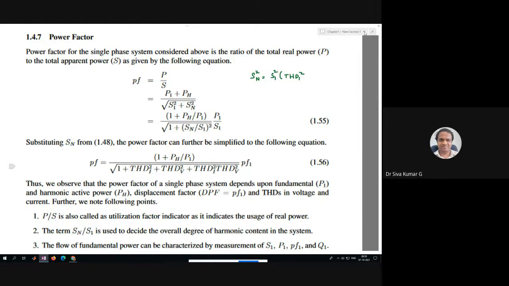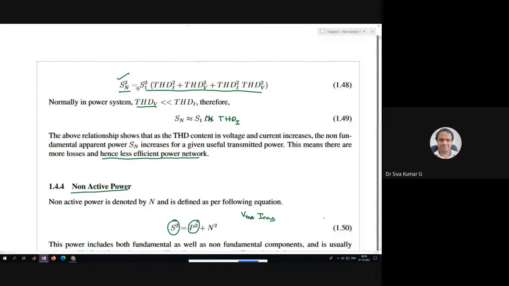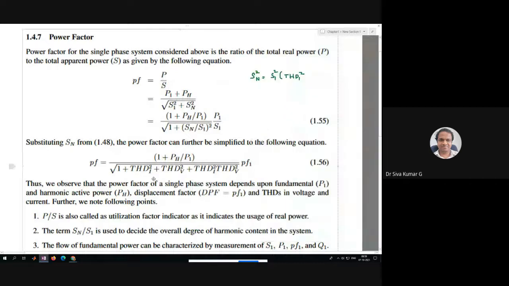We can see this equation in the earlier equation also. Why am I expressing that equation? We know this particular equation, and we can express P1 plus PH, and the square root of S is equal to the square root of S1 square plus Sn square. We are representing the power factor in terms of the THD in current and THD in voltage, so for that reason we are making out the equation.